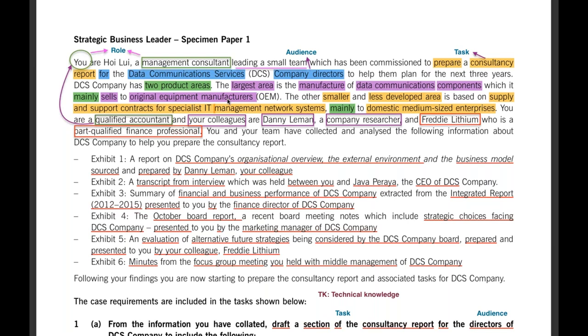And then they have another product which is smaller and a less developed area, based on supply and support contracts for specialist IT management network systems. These are basically domestic medium-sized enterprises.